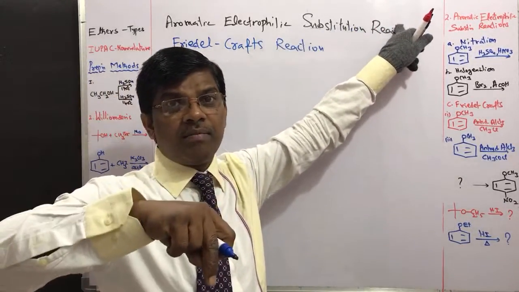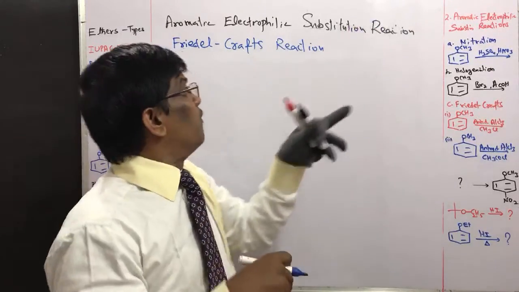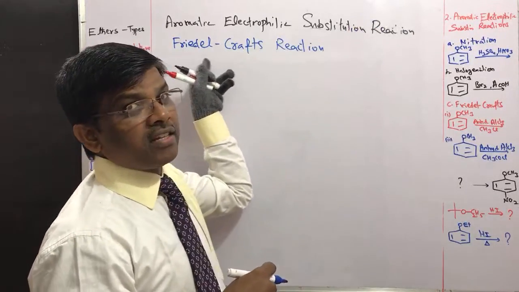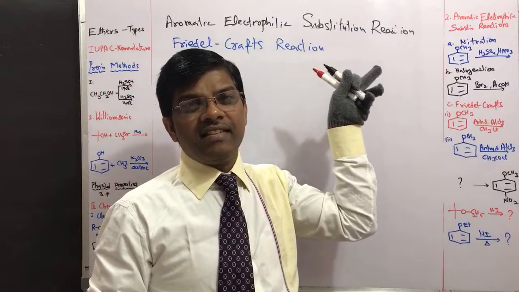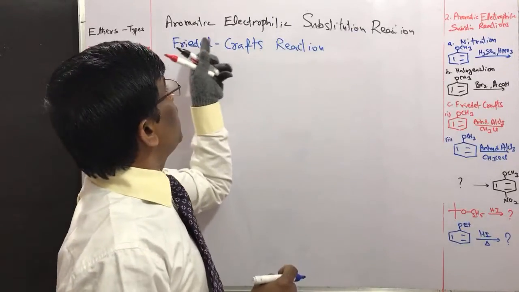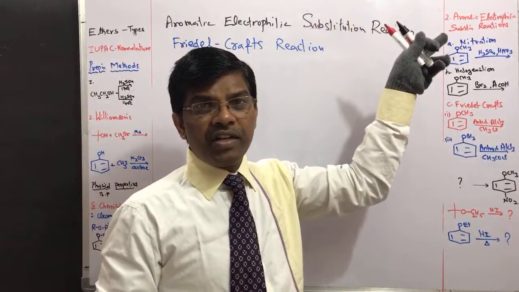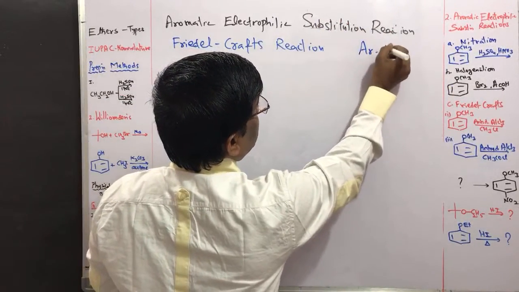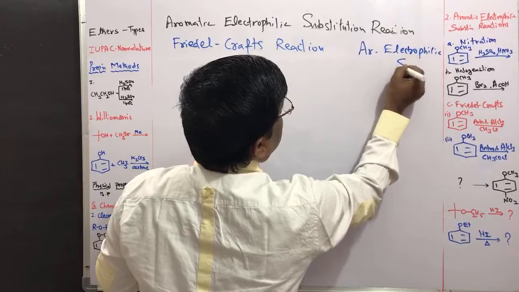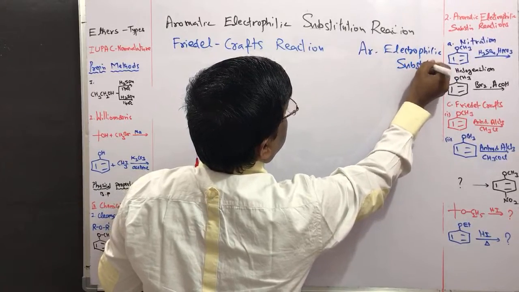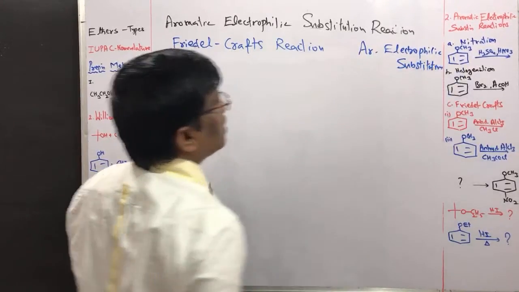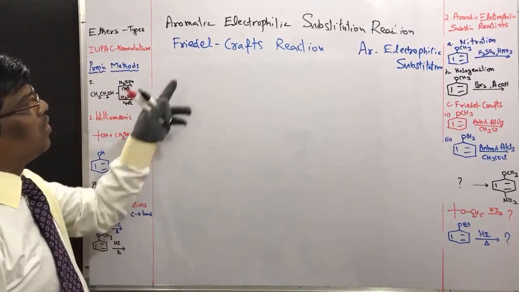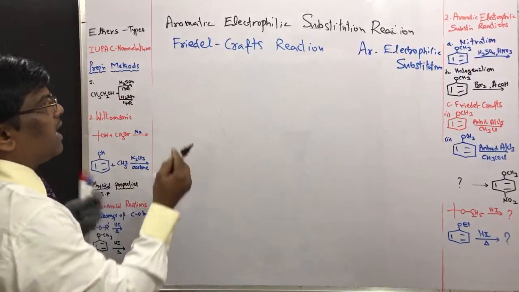It can be asked in some entrance tests what the type of reaction of Friedel-Crafts alkylation is. Yes, it is also an aromatic electrophilic substitution reaction, and it can be written like this also, right? So let us take alkylation.